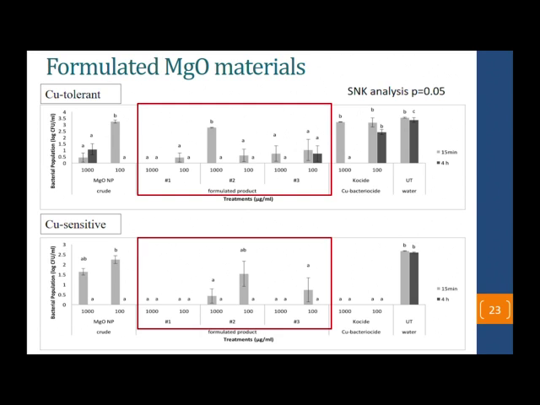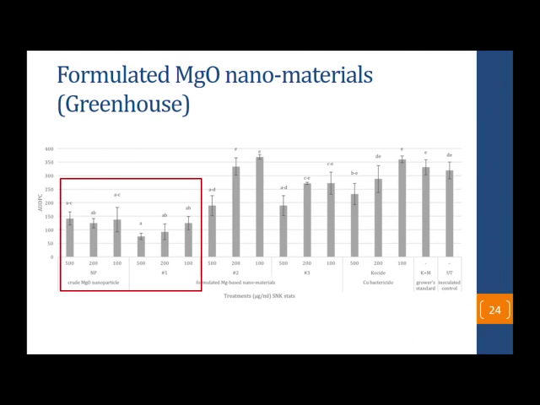We can see that after 15 minutes, all of the formulated magnesium-based nanomaterials kill all the bacteria, and the same trend is seen against the copper-sensitive strains too. In the greenhouse study, we compared our non-formulated nanomaterials with the formulated ones, and the formulated one still significantly reduced disease severity compared to the untreated control and the grower standard, copper mancozeb.